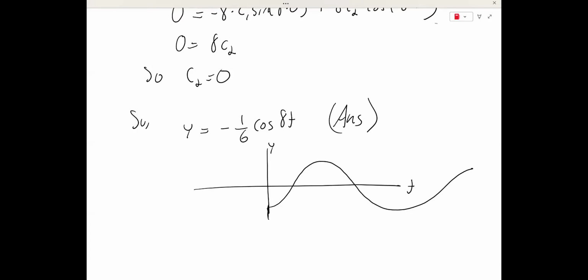Okay, let's try another one here. This will be a little bit easier, I think, now because we've done an example.